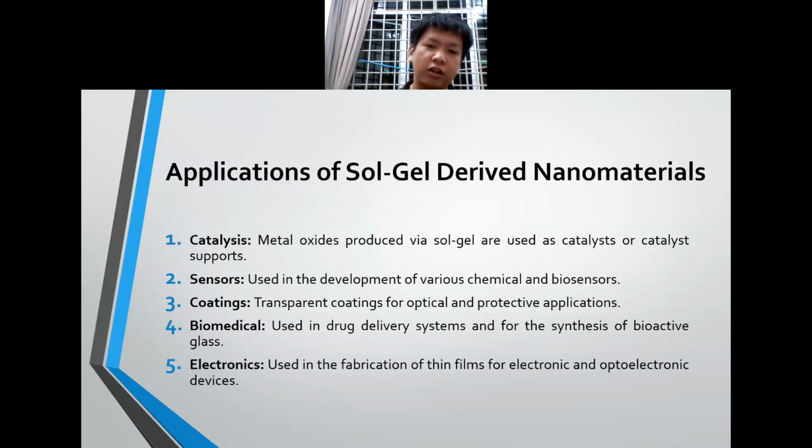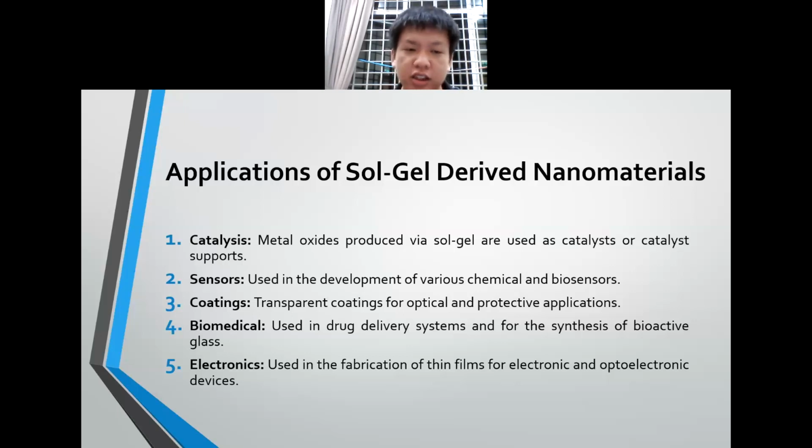And then the application of sol-gel derived nanoparticles. First one is catalysis. The metal oxides produced by the sol-gel are used as catalyst or catalyst support. And then it can be used as sensors in the development of various chemical and biosensors.